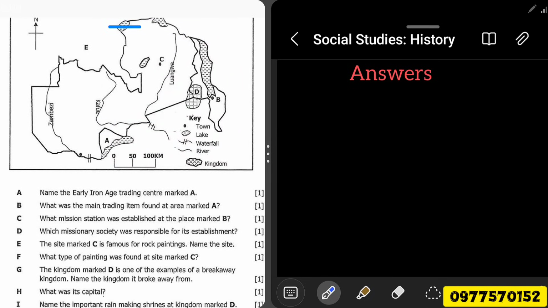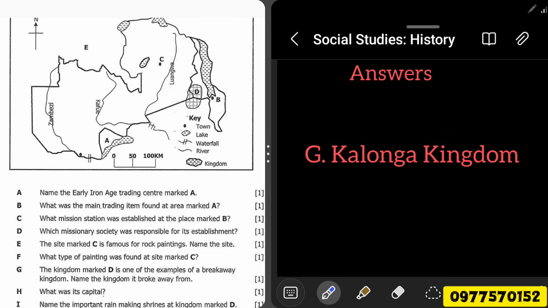The kingdom marked D is one of the examples of the breakaway kingdoms. Name the kingdom it broke away from. When you look at D, that is the Undi kingdom, and the Undi kingdom broke away from the Kalonga kingdom.